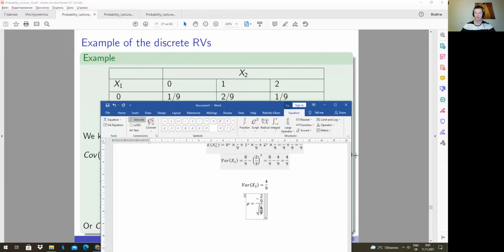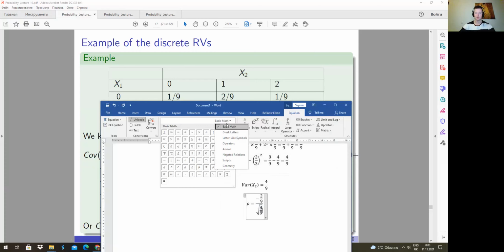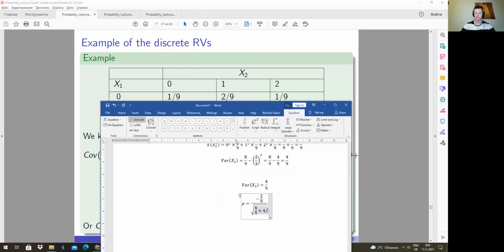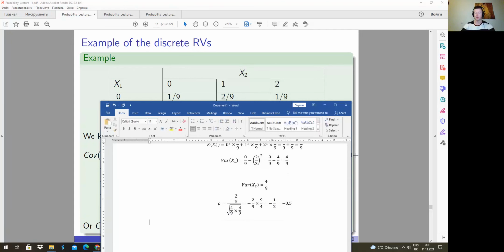So it's 4 over 9 multiplied by 4 over 9. So we have minus 2 over 9 multiplied by, the square root of 4/9 times 4/9 is simply 4/9. When I divide by this, it's the same as multiplication by 9/4. And then finally I have minus 1/2 or -0.5. So that's the correlation coefficient.